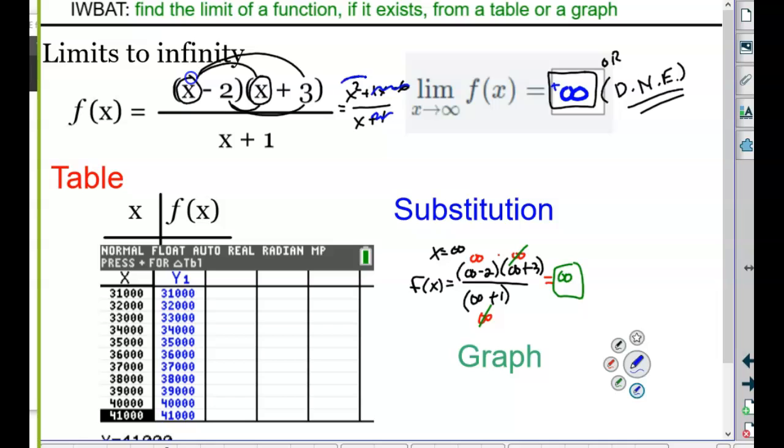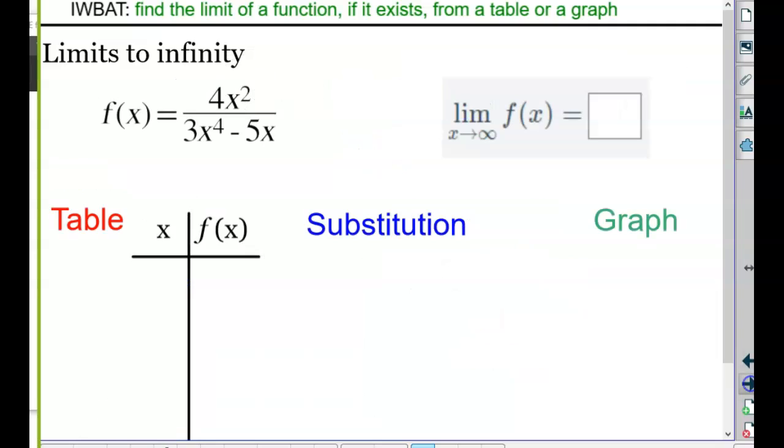The only thing that affects the answer are the two items out in front. Well, wait a minute. Do I have more x's on top or on bottom? More on top. Which if I reduce in x, I end up with x over 1. And if x is going to infinity, and I plug infinity in, isn't that just infinity over 1? Which shows the growth. So you don't have to worry about that.